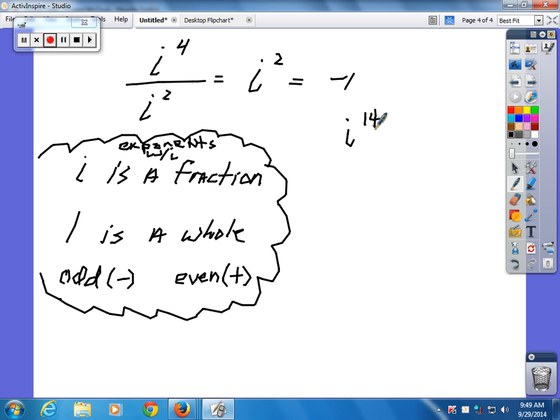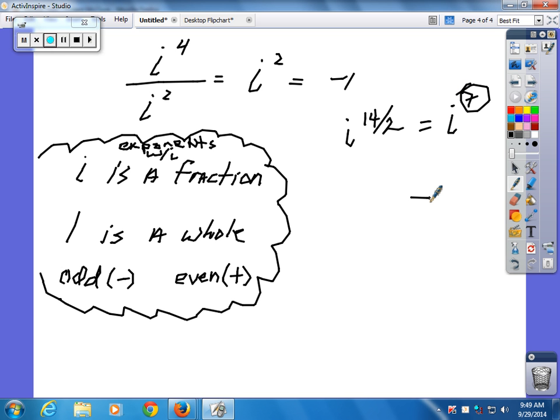Divide 14 by 2. What do you get? i to the 7th. 7, what is 7? Is it a whole number or a fraction? Okay, it's a whole number. So that means, even, I'm sorry, is it even or odd? Odd. It's odd, so your answer is going to be negative, whatever it is.